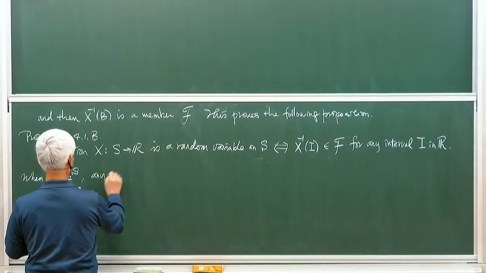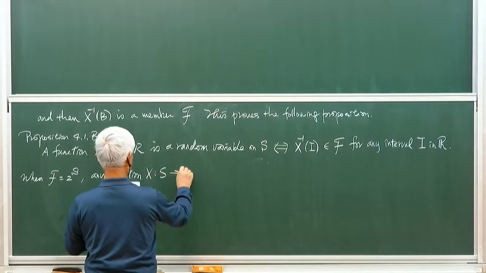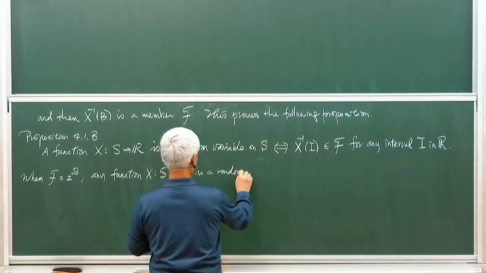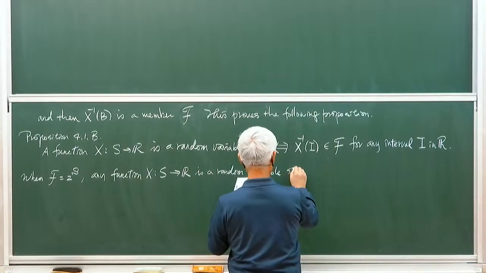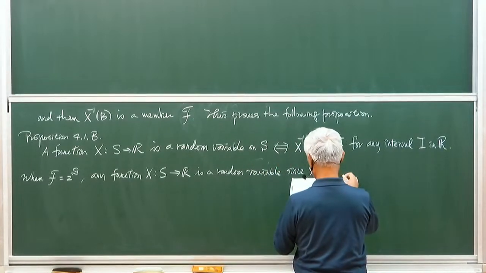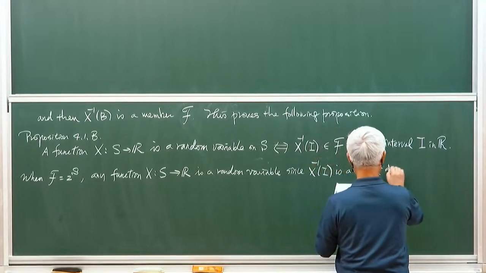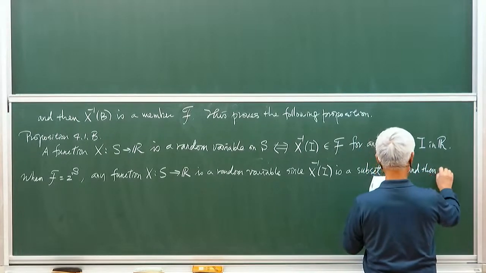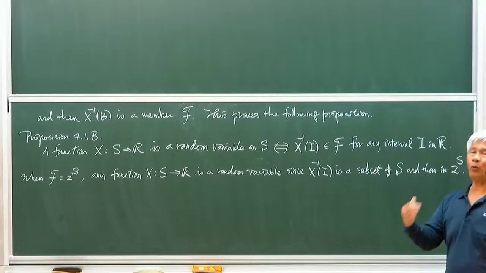Then any function from the sample space to the set of all real numbers is a random variable, since the inverse image is a subset of the sample space, and then in the power set, because the power set consists of all subsets.